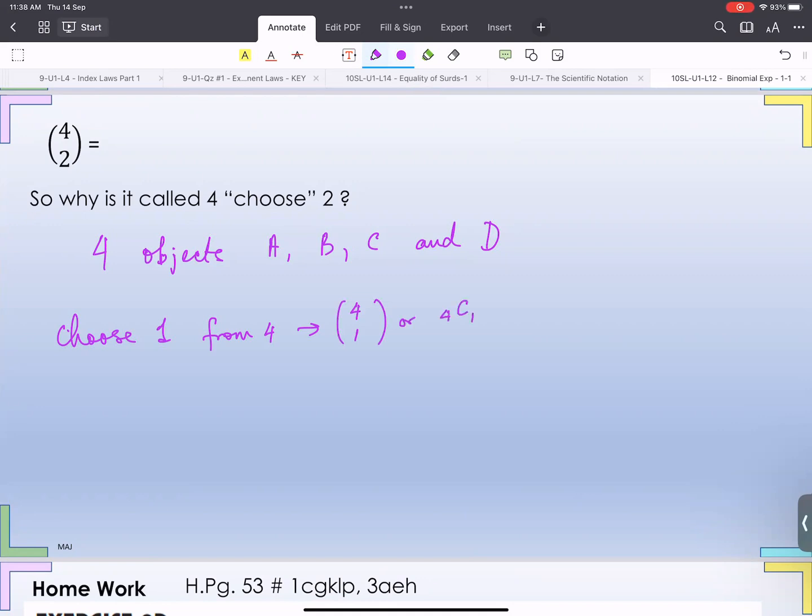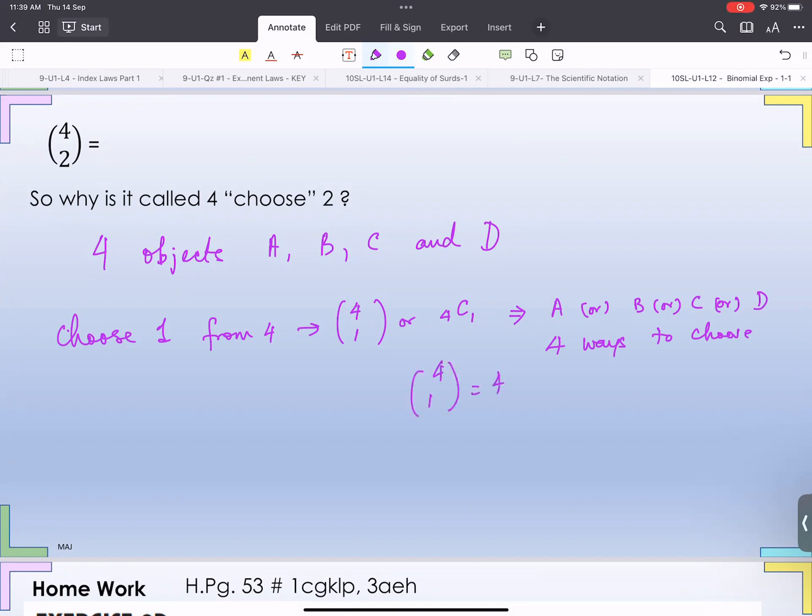How many different objects do I have? I can either choose A or B or C or D. So I have 4 choices, 4 ways. That is why 4 choose 1 is 4.